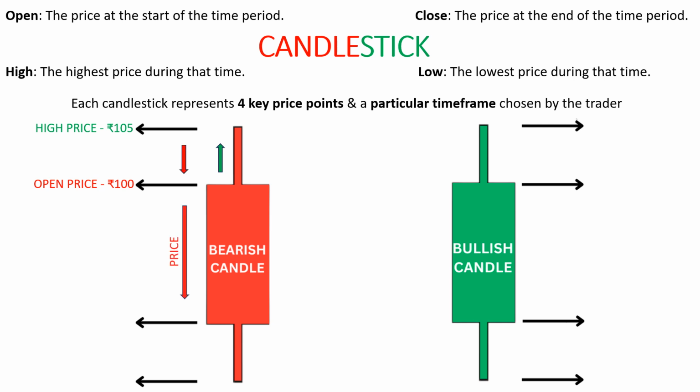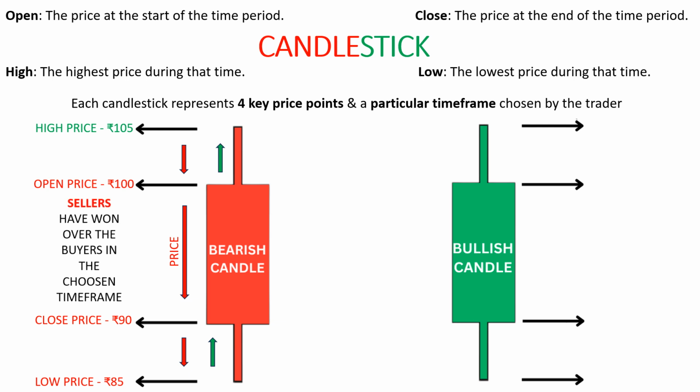They pushed the price down and down all the way to 85 rupees. There the buyers again tried to push the price up, but they couldn't overpower the sellers, and the price closed at 90. So this is how a bearish candle looks.